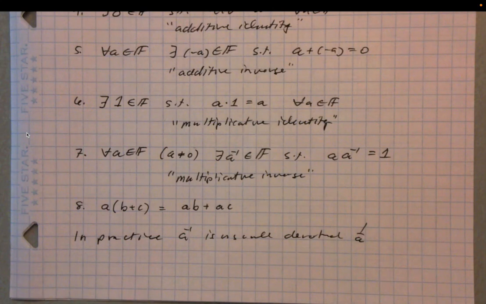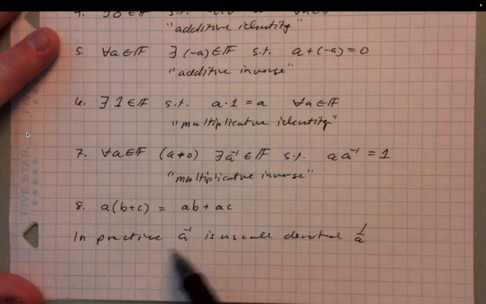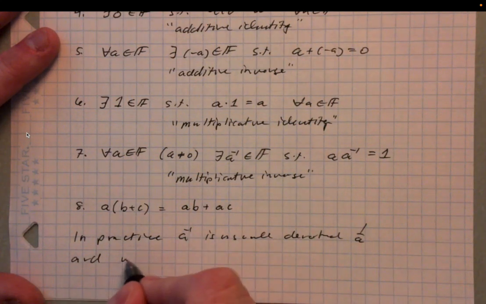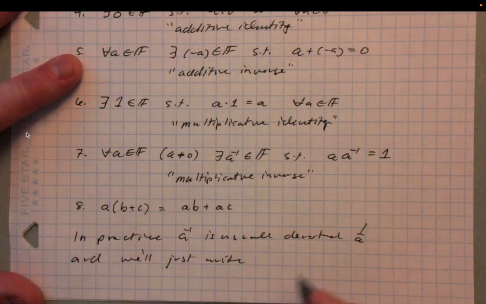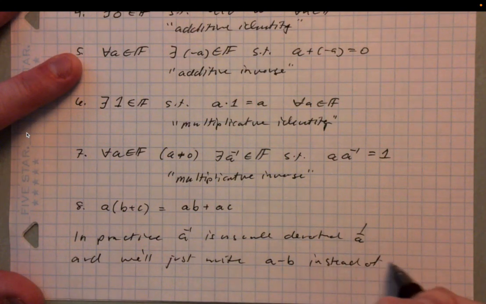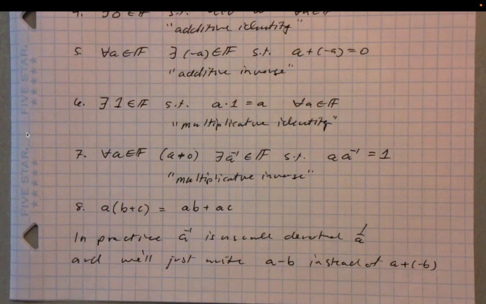It just would be more convenient to write 1/10, certainly for the arithmetic. So we typically denote the multiplicative inverse as the reciprocal. And we'll just write a minus b instead of a plus negative b in the case of the additive inverse.